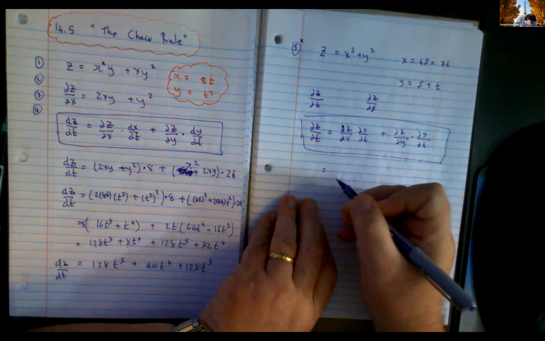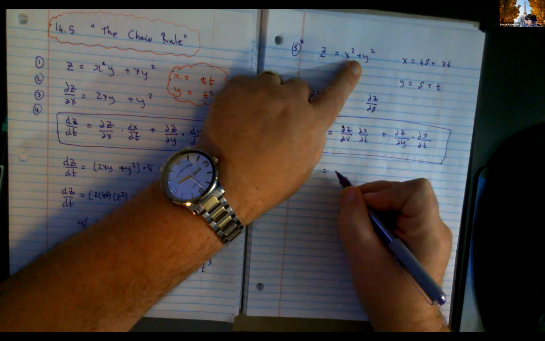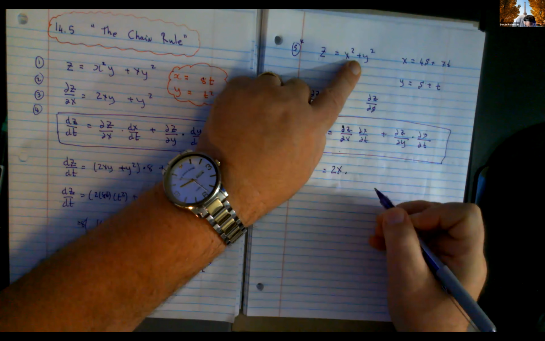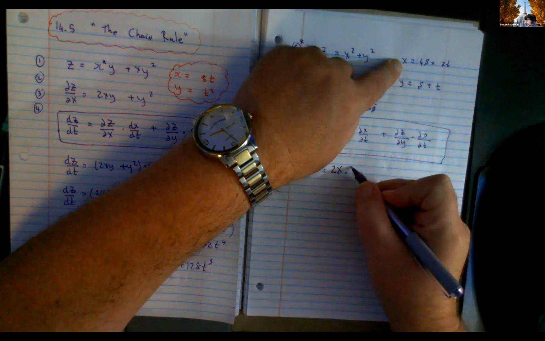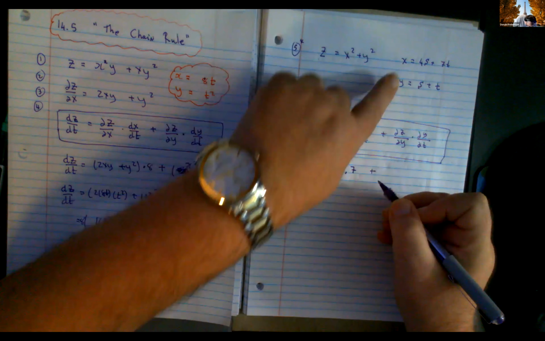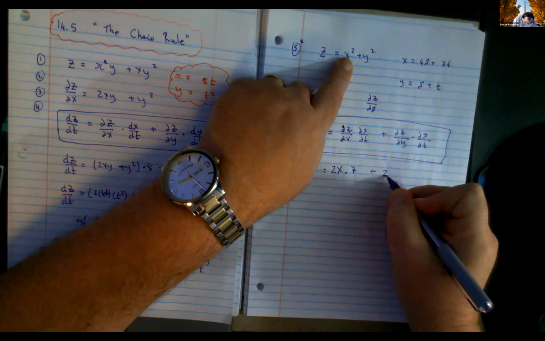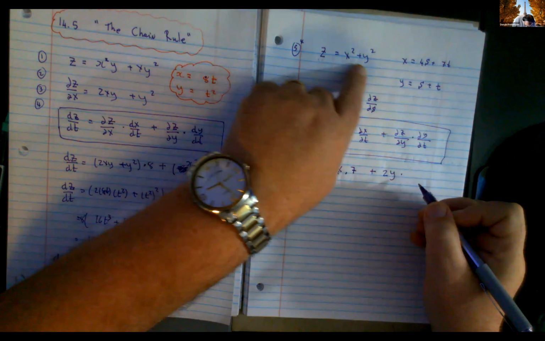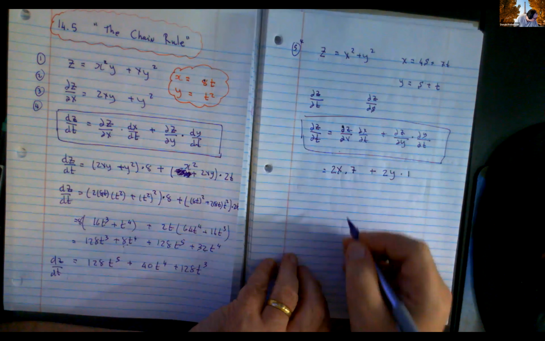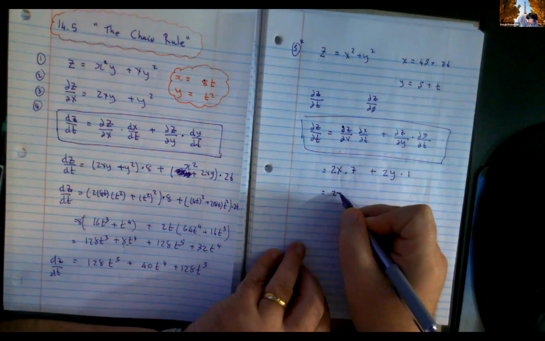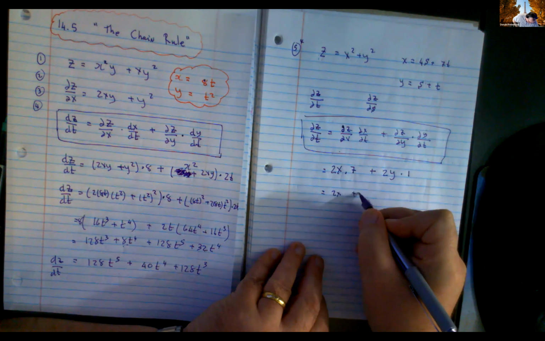If you differentiate this with respect to x, you get 2x, and if you differentiate this with respect to t, you get 7. If you differentiate this with respect to y, you get 2y. And if you differentiate this with respect to t, you get 1.